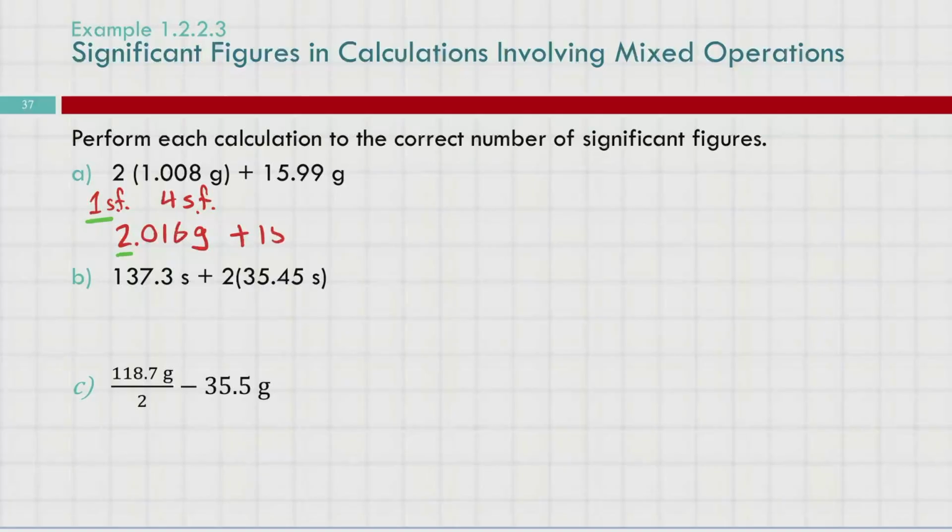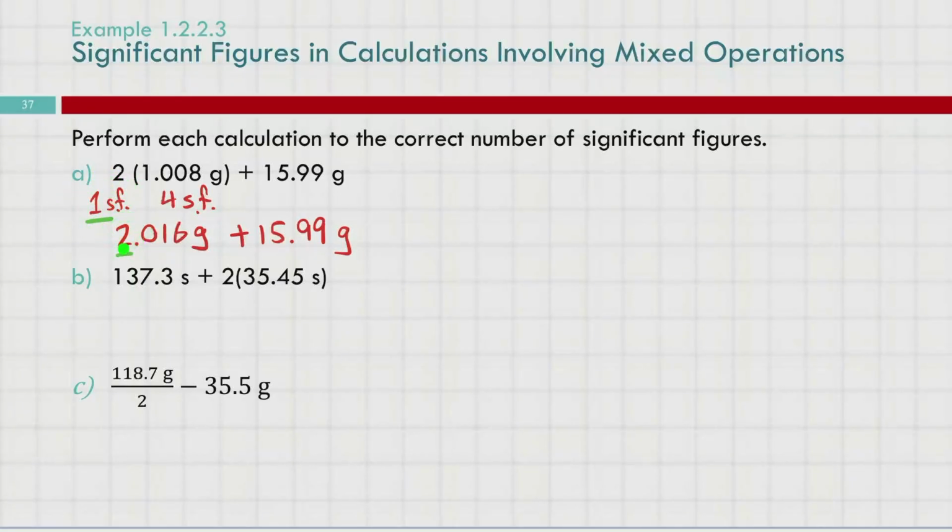Addition. So we're going to add the 15.99 grams. This number, 2.016 grams, has how many decimal places that are significant? It has 0 because it has one significant figure.